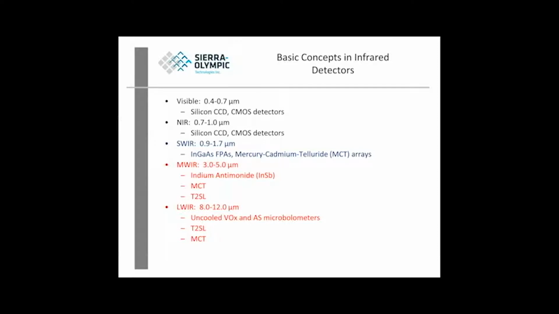If you have specialized applications that need the sensitivity of a cooled sensor, you can get long wave sensitivity in type 2 superlattice and in mercury cadmium telluride. Those are very rare and specialized applications. But the uncooled market is practically 98, 99% of the sensors shipped per year. It just dominates the infrared imaging market, and it's mostly because the performance is so good, and they don't require a cooler, very simply.